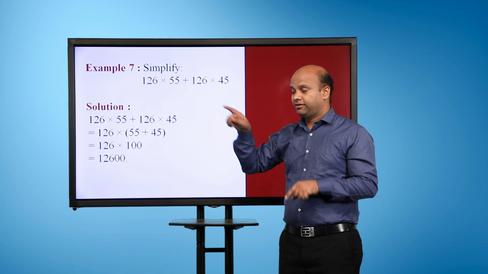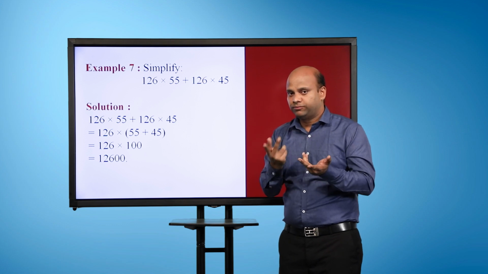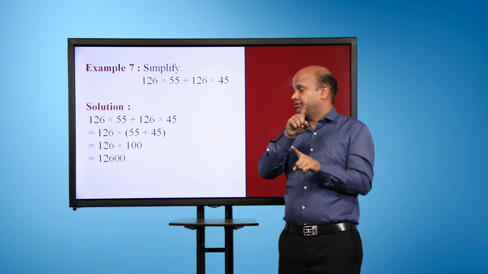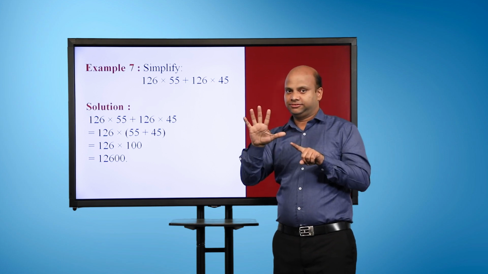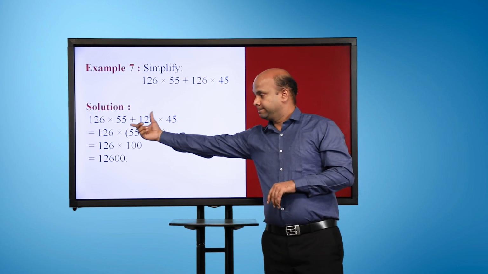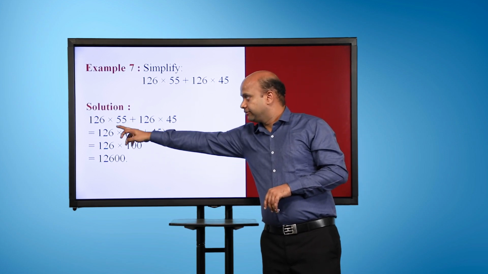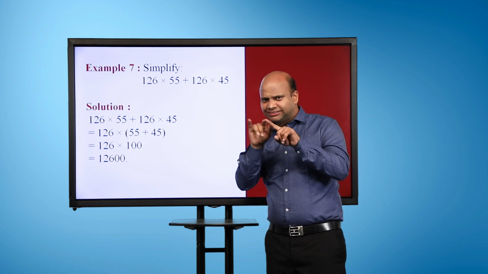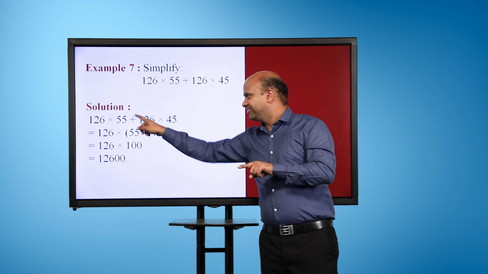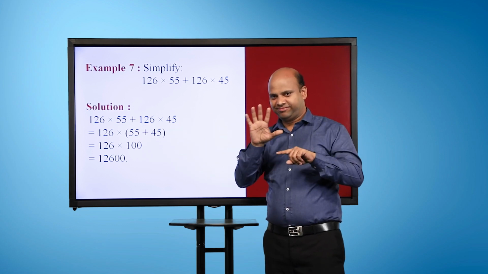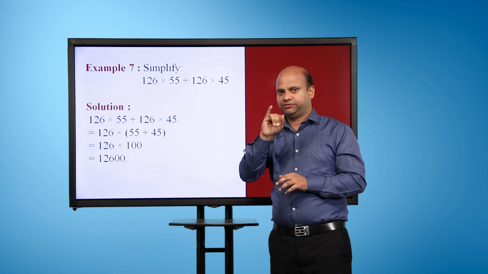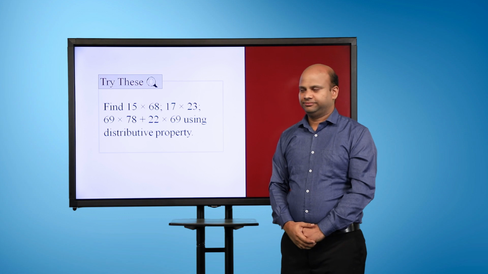Example 7. Simplify 126 multiplied by 55 plus 126 multiplied by 45. Solution: 126 multiplied by 55 plus 126 multiplied by 45 is equal to 126 multiplied by, within brackets, 55 plus 45, which is equal to 126 multiplied by 100, which is equal to 12,600.